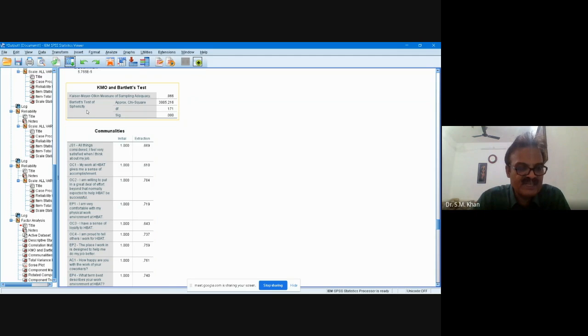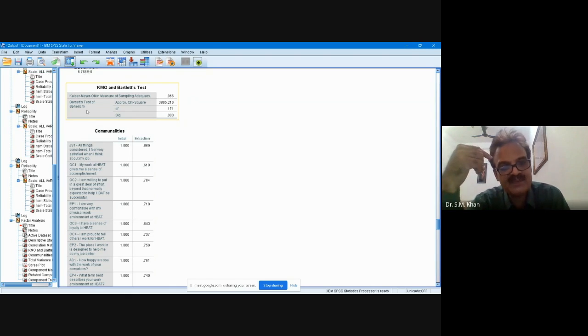Bartlett test of sphericity. This is the statistic which helps you check that the used correlation matrix is not an identity matrix. What is an identity matrix? All the diagonal values are 1 and off diagonal values are 0. 0 means the correlation coefficient between items is 0.